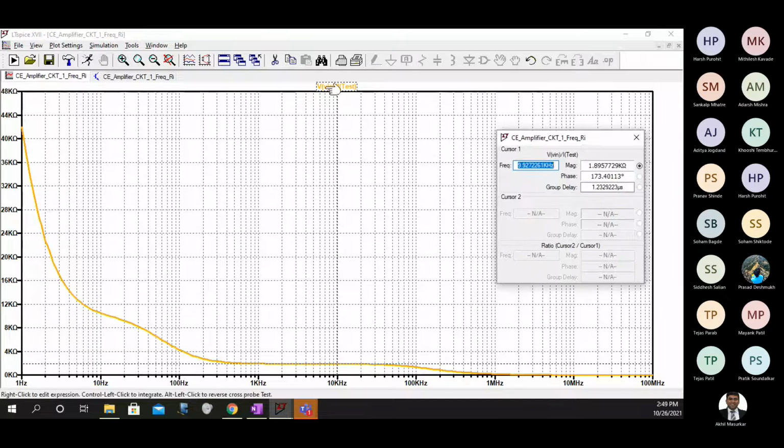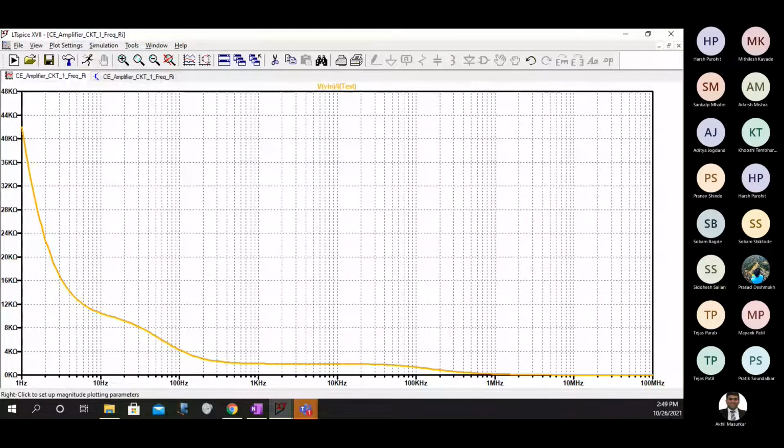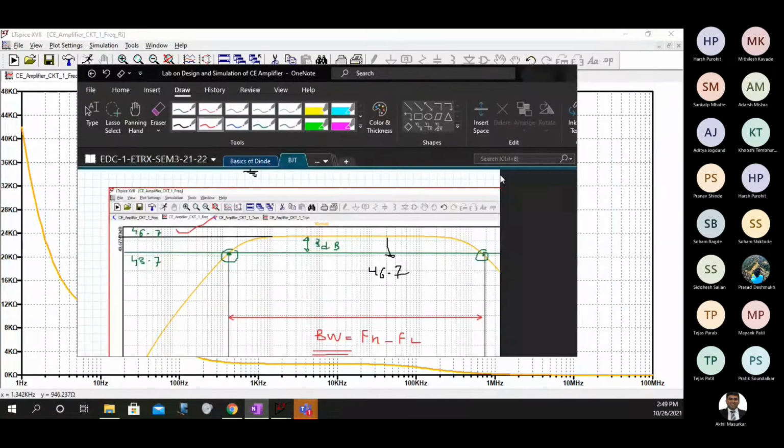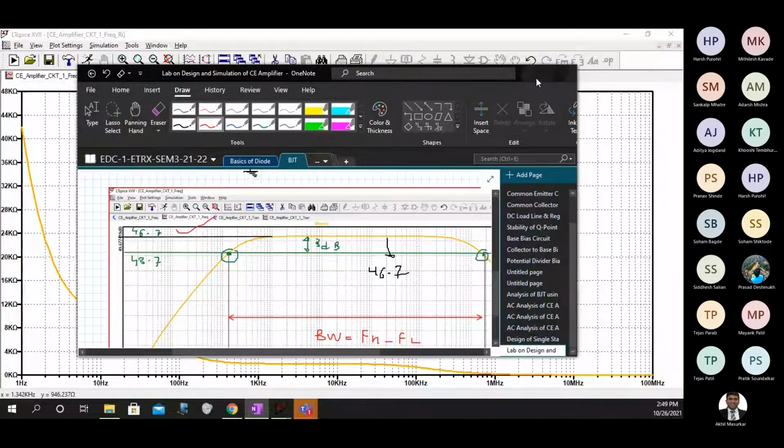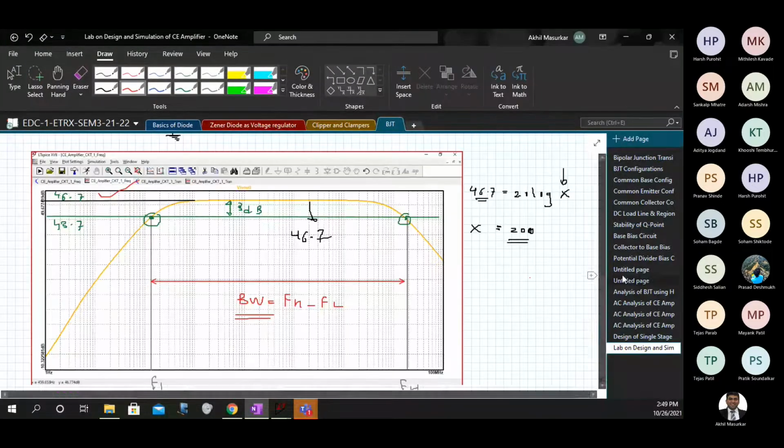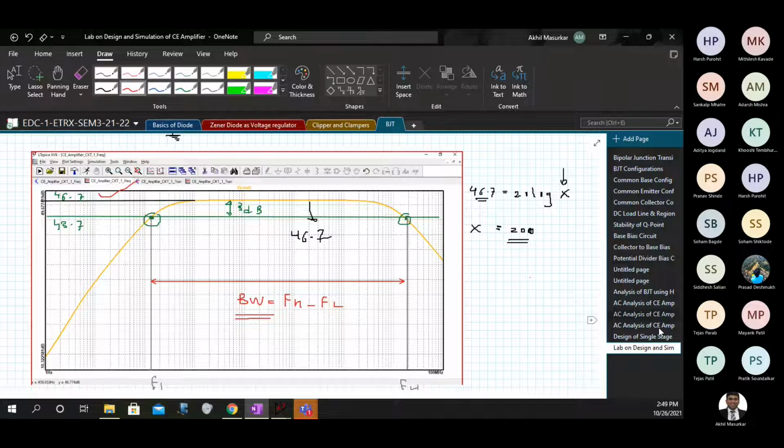In the central part it is around 1.8 to 1.9 kilo ohms, and our calculated value in our problem of Ri, let's check how much that was, just to be on the safer side. So it should also be around that much.